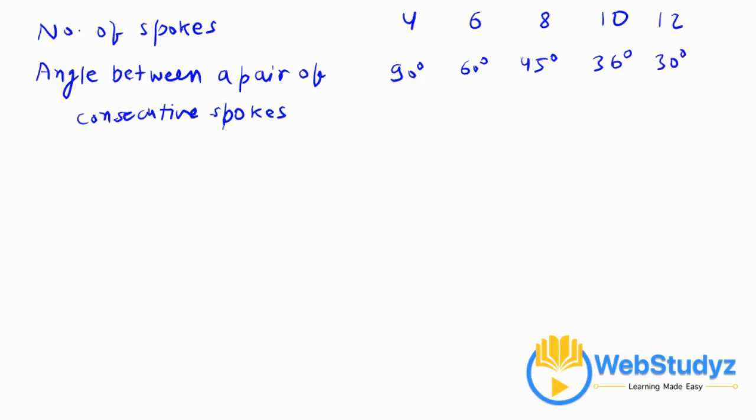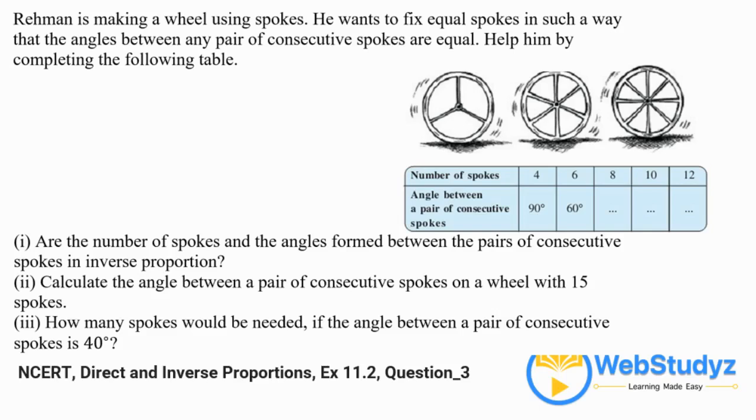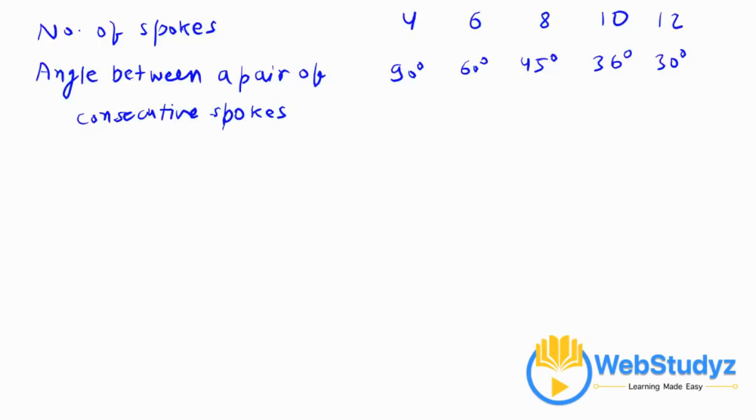Now we can answer the questions one by one. First, are the number of spokes and the angle formed between a pair of consecutive spokes in inverse proportion?